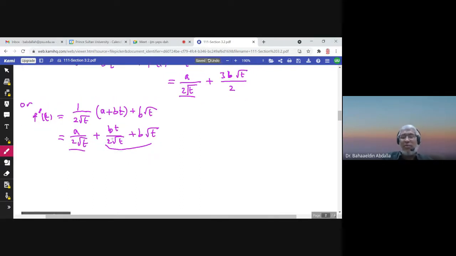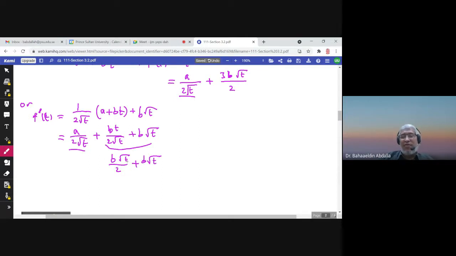how to add them? No need to add them. Here you have t over square root of t. This is t to the power 1. This is t to the power half. You subtract the powers. So you will get b times square root of t, because t to the power 1 minus half is half, over 2, plus b square root of t.